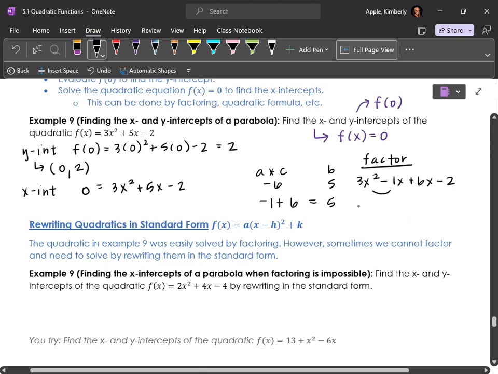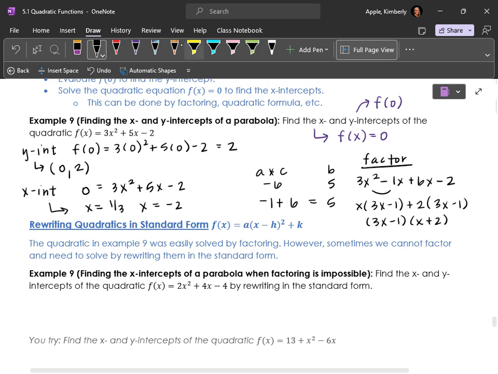Take the GCF of the first two terms, that'll be x times 3x minus 1. GCF of the second two, that'll be 2, so that'll be 3x minus 1 again. And so your factors are 3x minus 1 and x plus 2. And so once you've factored it, you just set each individual factor equal to 0, and you'll obtain your x-intercepts, which will be x equals 1/3 and x equals -2.